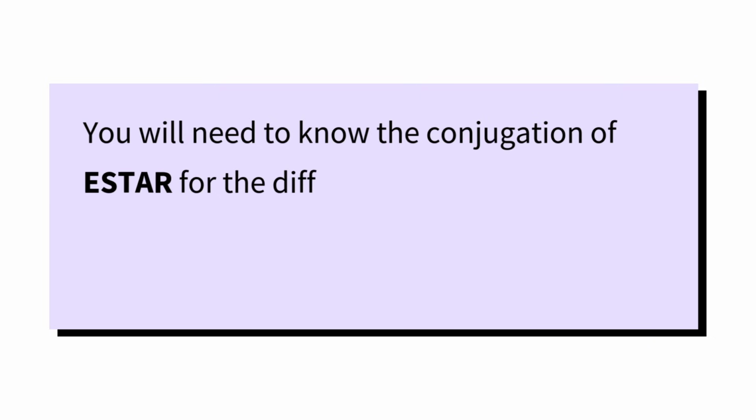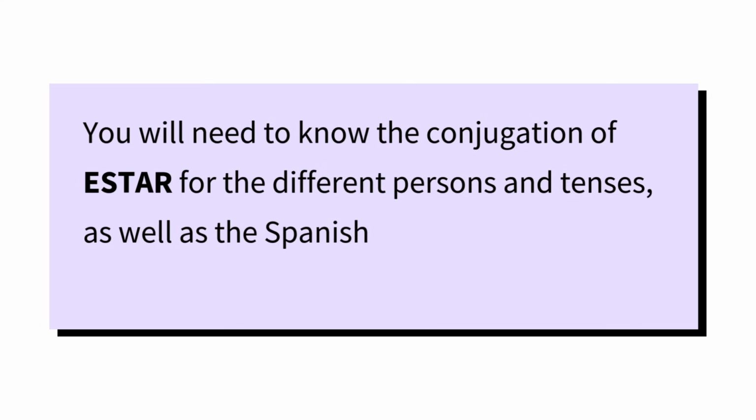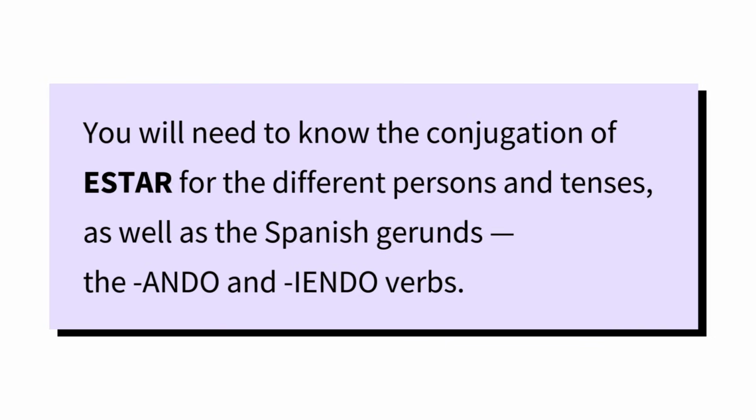So here you're going to need to know estar and how it's conjugated to the different persons and the different tenses. And you're going to need the gerund in Spanish, which usually ends in ando or yendo.